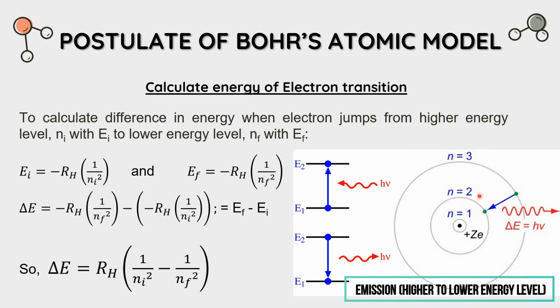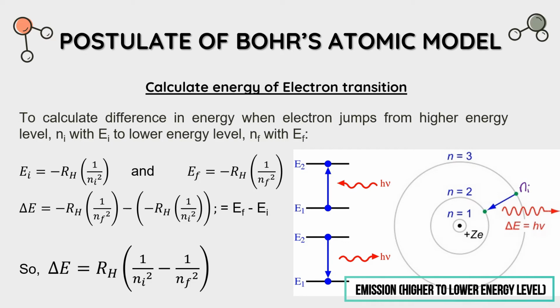So in this emission process, this is the higher energy state, and this is the lower energy state or energy level. Since we are talking about the emission process, electron will fall from this higher energy level to this lower energy level. So this higher energy level can be labeled as Ni, initial energy level.